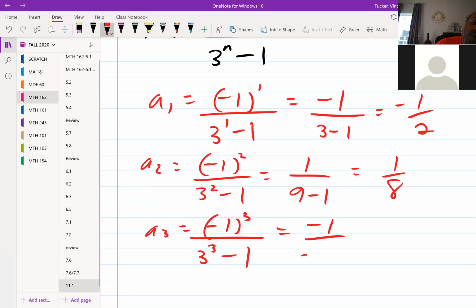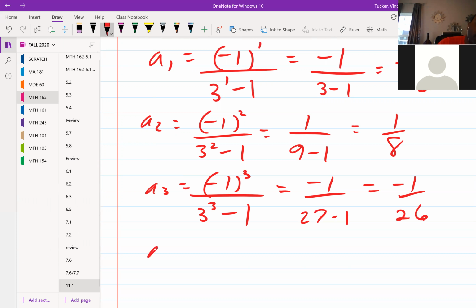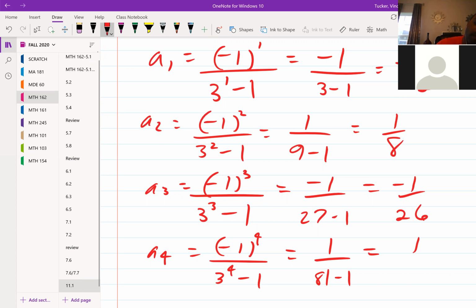So that'd be a negative 1, 27 minus 1, negative 1 over 26. And the fourth one, it was positive 1 on top, 81 minus 1 on bottom. So 1 over 80.